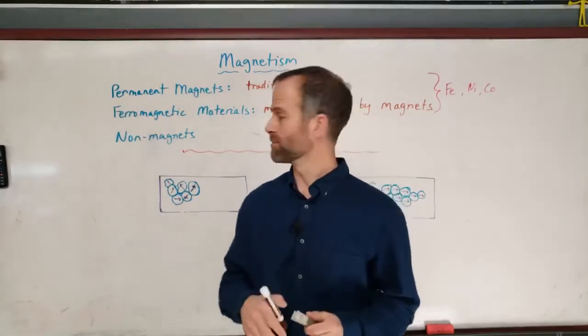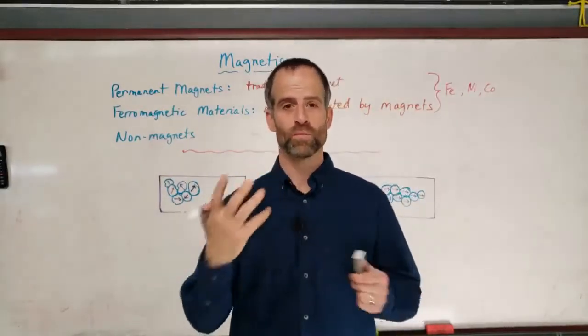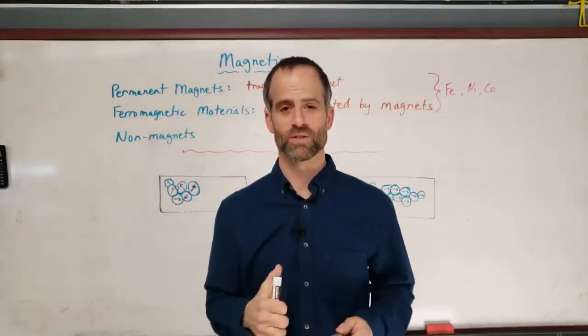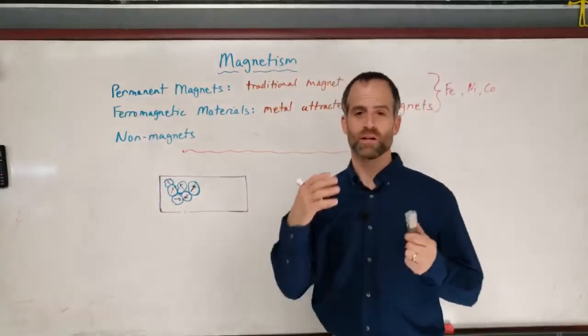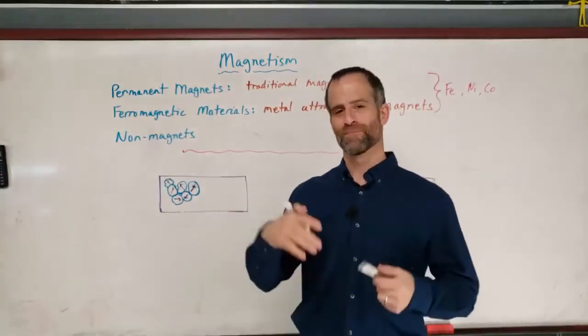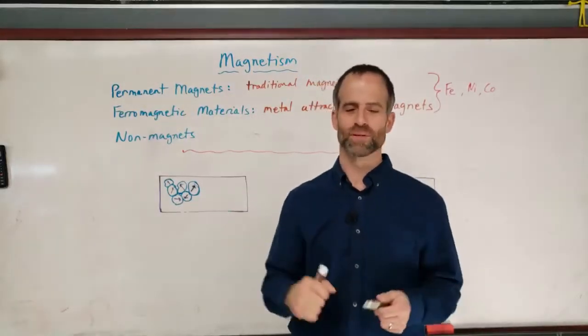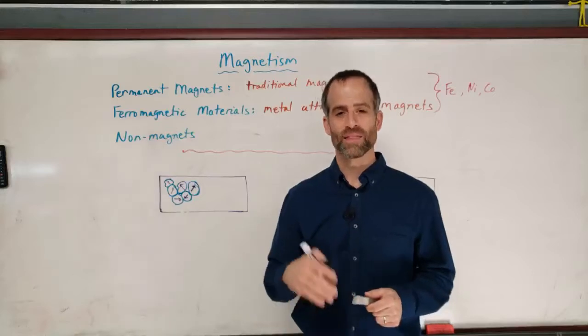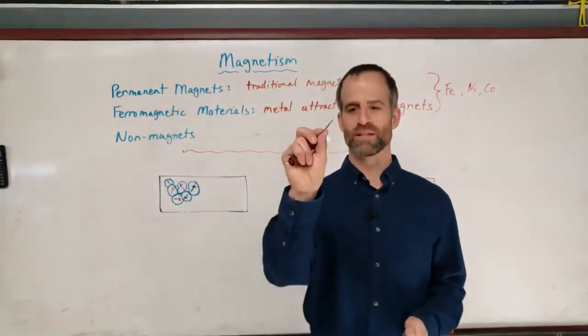So, magnetism. First of all, there are three types of materials that we refer to when we're talking about magnets, okay? There are permanent magnets. Those are the things you typically think of as a magnet. They're really not always permanent forever, but that's what we call them, permanent magnets. Then there's stuff that is ferromagnetic, okay? An example of that would be this paper clip.